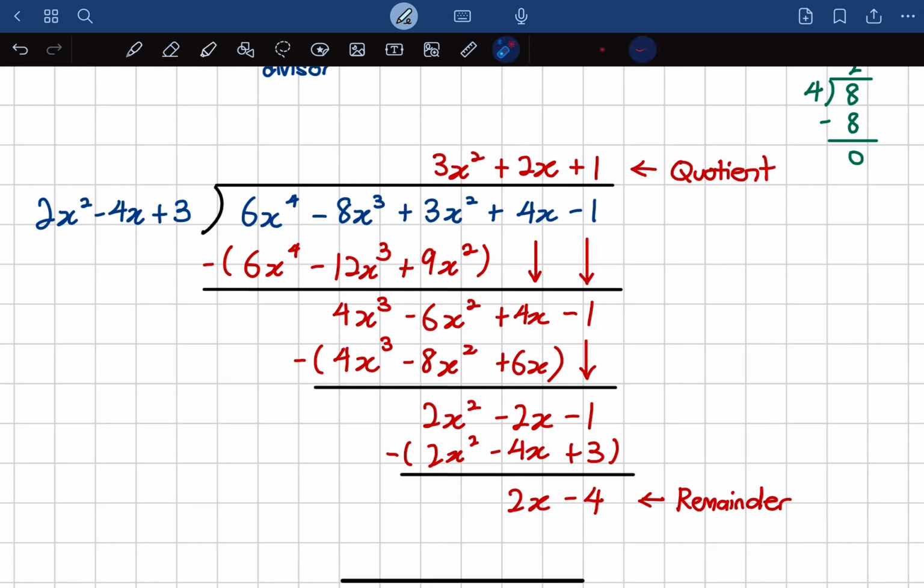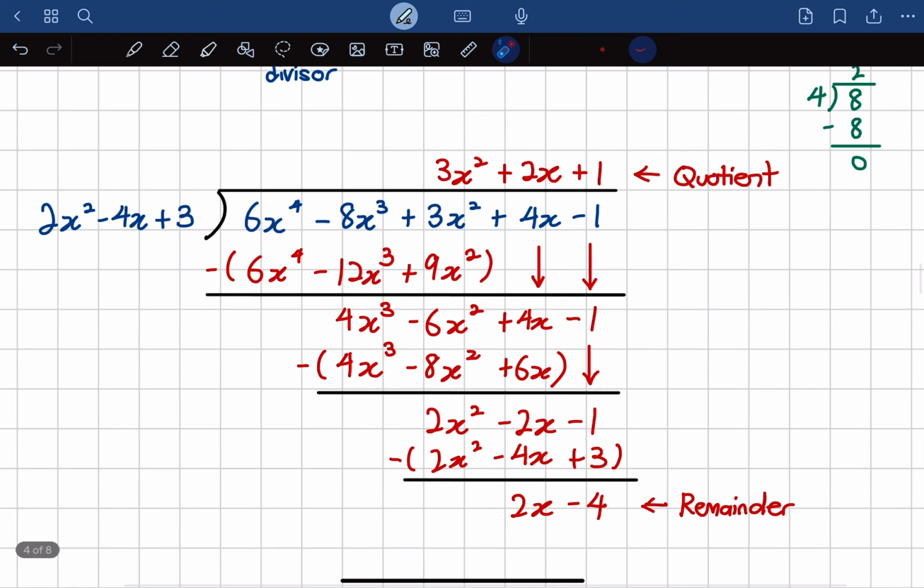It's because we notice that my remainder, my leading term here is 2x. There is nothing that I can multiply to 2x squared in order to give me a 2x that is still a polynomial. So in this case, the quotient, I cannot add anything else over here. So therefore, this remainder will stop over here. And therefore, I have my quotient and I have my remainder.